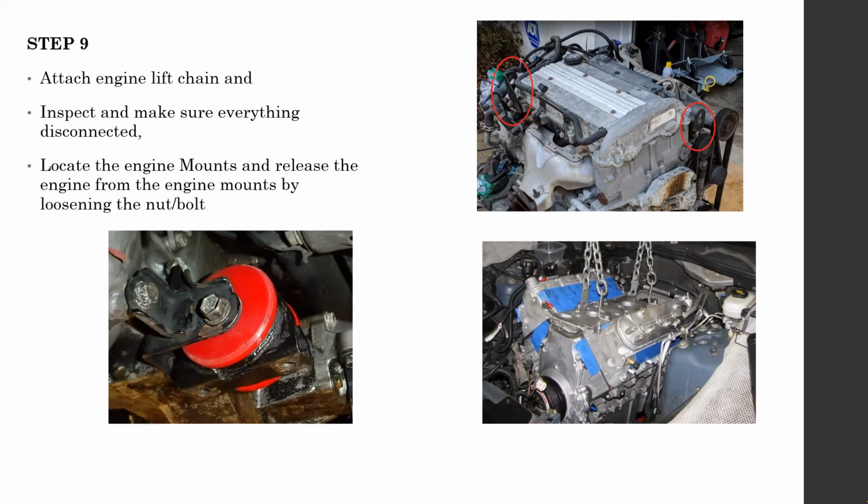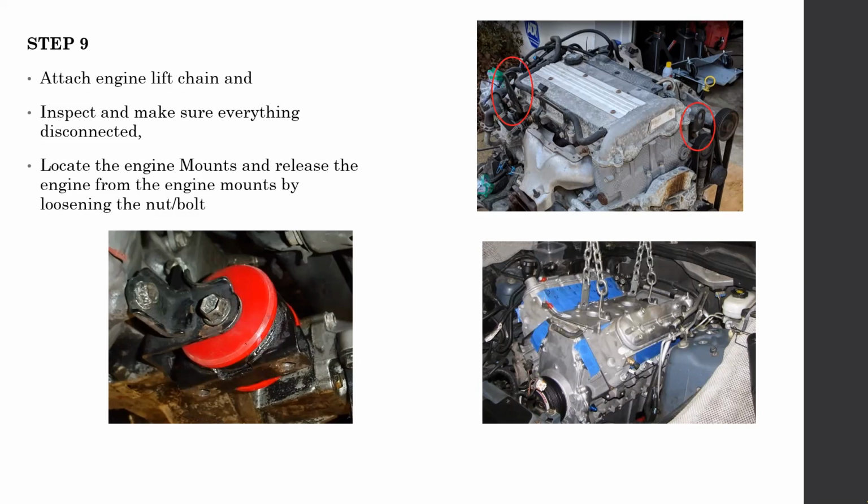But if it is an inline engine, and there are any hard points that will not break, for example exhaust manifold or intake manifold bolts, you can use them to lift the engine if you properly put the chain without damaging anything.